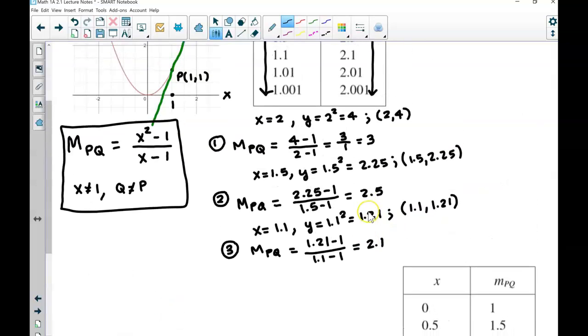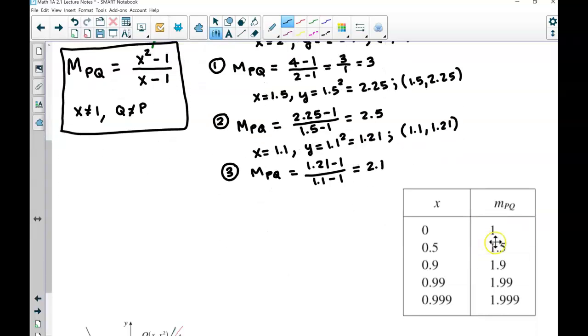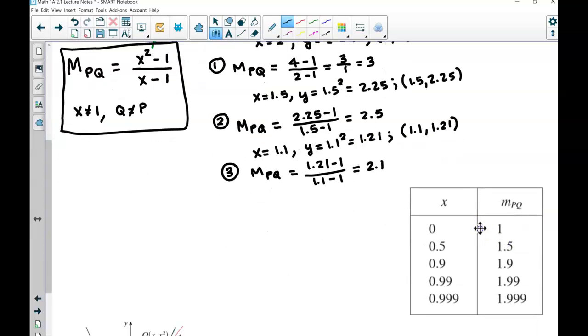So again, this is going from the value of 2 approaching the value of 1. Now what happens on the other side when we're going from 0 to 1? Well, let's take a look at that. Now if we look at this table here, we're going to let x equal 0. If you plug in 0 for x, then y is going to be 0.